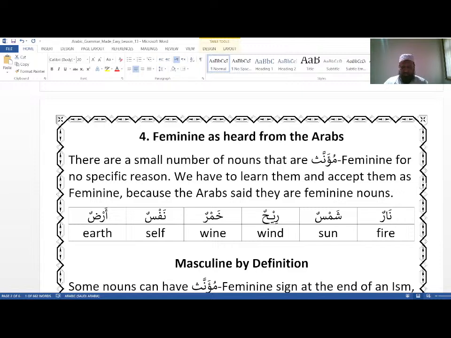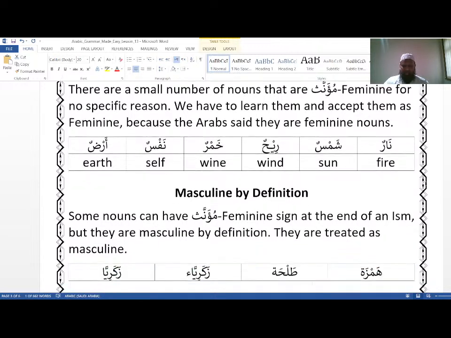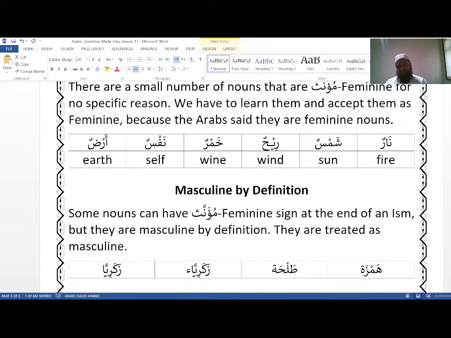There'll be some other nouns in this list. We'll look at those nouns. Masculine by definition: some nouns can have a feminine sign at the end of an ism, but they are masculine by definition. By nature, they are masculine, but we will see some signs. But because they are masculine by definition, we'll use them as masculine. They're treated as masculine. For example, names of people, Hamza too.